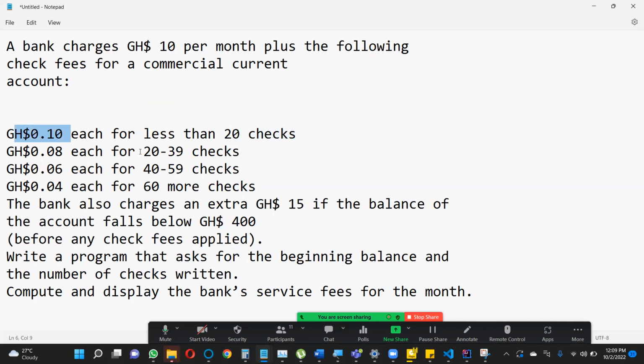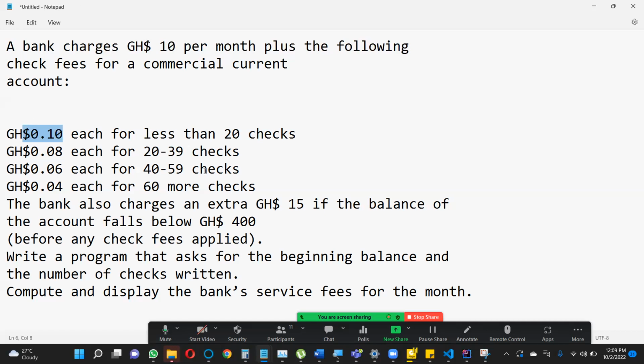If I write between 20 and 35 checks, I will pay 0.8 pesos each for those checks. The same goes for this range, and the same goes for checks above 60. That means that if I write 10 checks, I'll be paying 10 times this, which would give me that equivalent amount in money that I'll be paying to the bank.